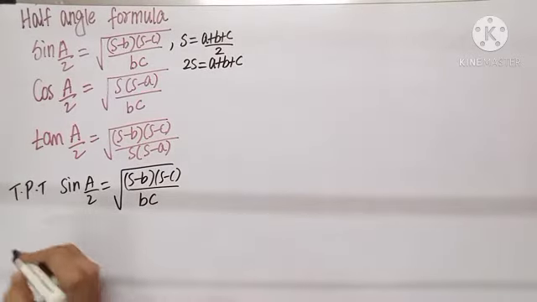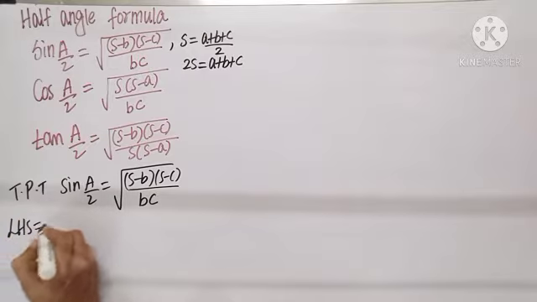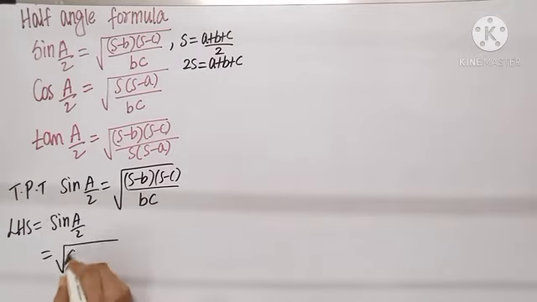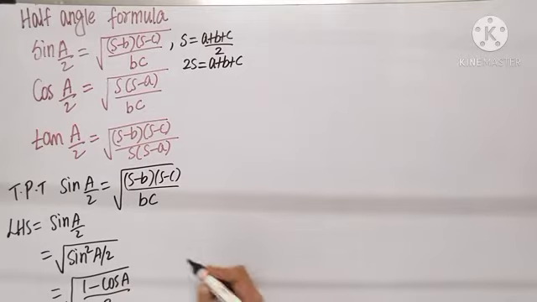To show, let us start from LHS, that is sin A by 2. How to write it? I can write it as root of sin square A by 2, which is 1 minus cos A by 2. We know the formula.